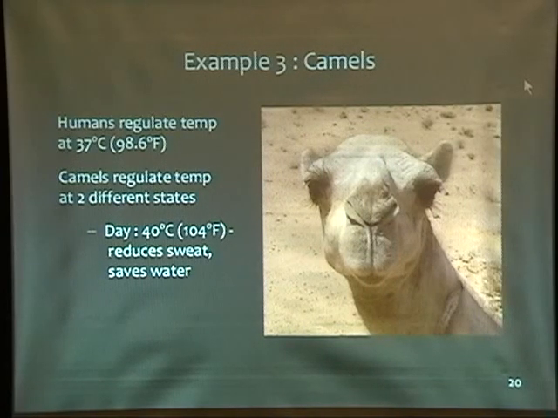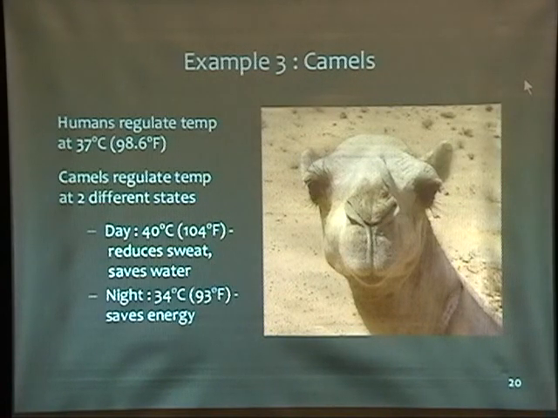They don't have to sweat to keep cool, and it saves water. They're desert creatures. At night, it's cool in the desert, so their temperature undergoes a phase transition down to 34 centigrade, that's 93 Fahrenheit, and that saves energy. They don't have to keep themselves warm. If we reached 104 or 93, we'd be very, very sick. Camels do this every day.